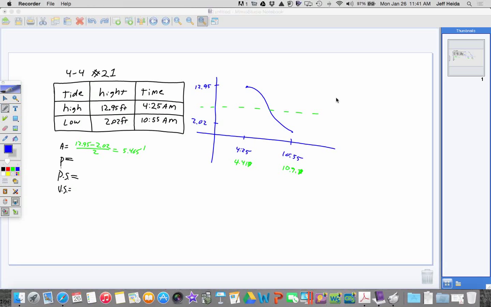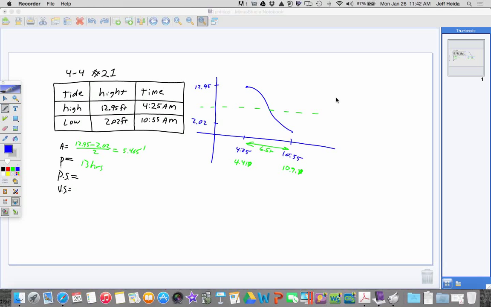How far apart are they? 6.5 hours. So between high tide and low tide is 6.5 hours. How far do you have to go to the next high tide, which would be the end of the period? You take that times 2. 6.5 times 2 is 13. So the period is 13 hours.